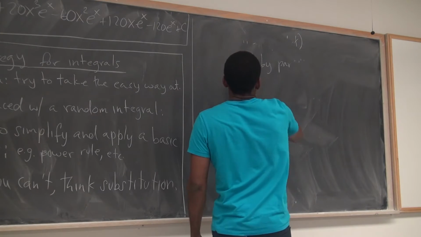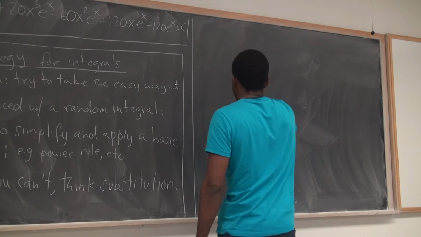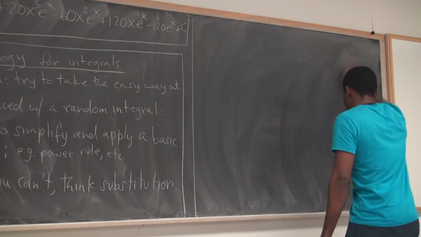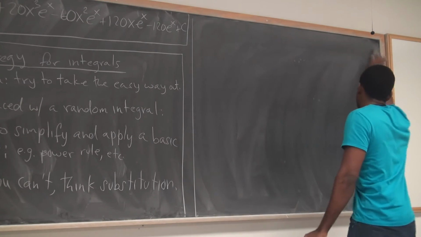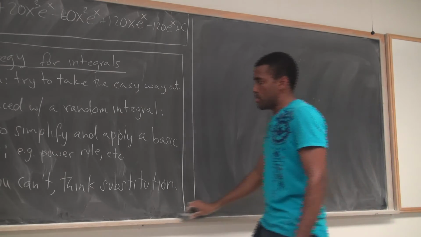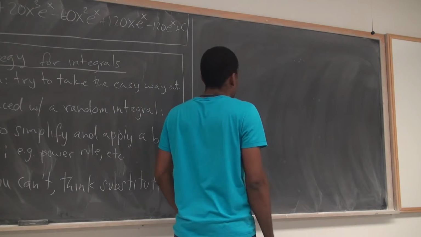If you guys had done the review, you would have realized there are some integrals that we can do now that you can use substitution on that you might not realize you can use substitution on.